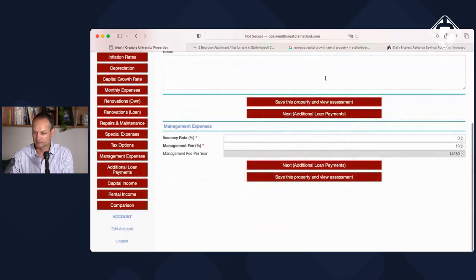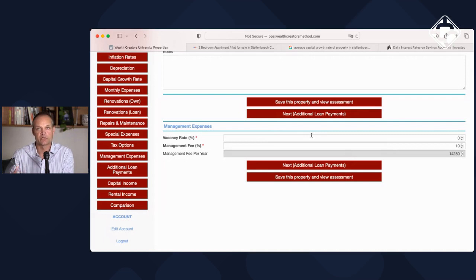The reason they ask this is to determine the tax percentage you need to pay. Management expenses: am I going to use an agent or somebody else to assist me in renting out the property? Let's say yes, and I'm willing to pay 10% of the rental income. The vacancy rate I'm going to leave at 0.